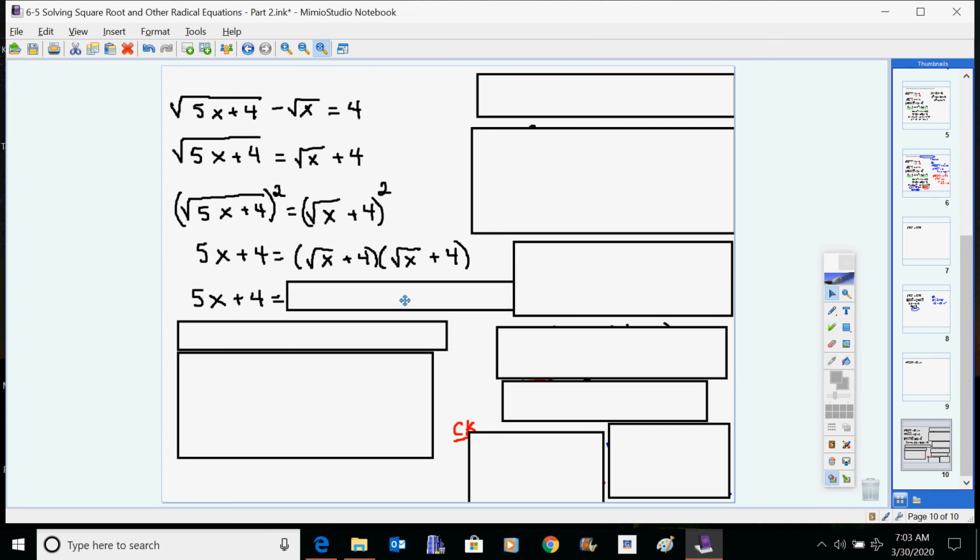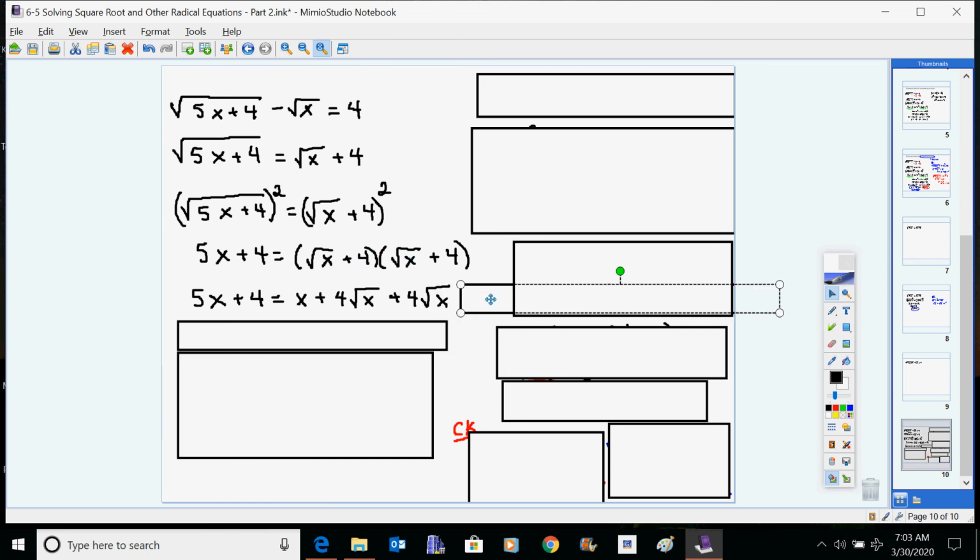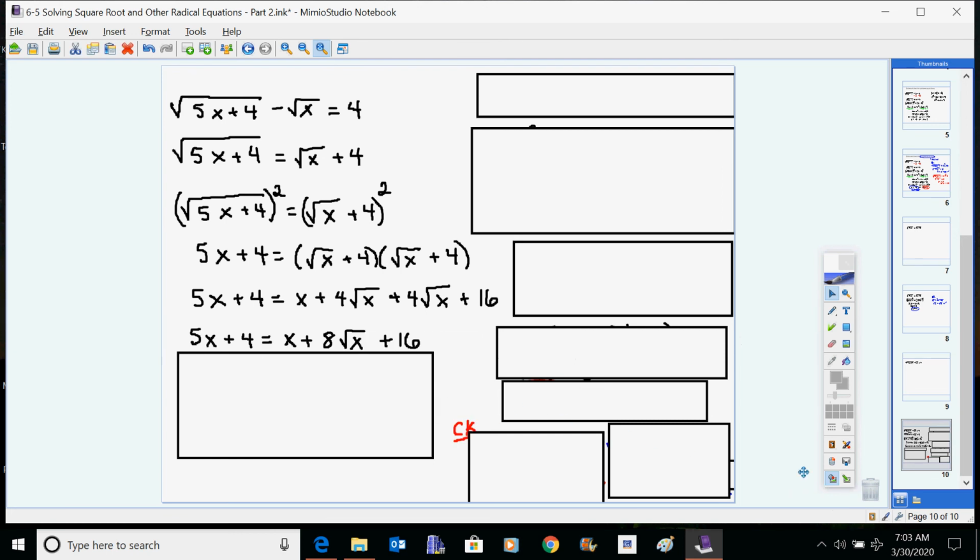We still have 5x plus 4 over here. Square root of x times square root of x gives you x. Square root of x times 4 gives you 4 square root of x. Square root of x times 4 gives you another one. And then 4 times 4 is 16. Putting it together, we get 8 in the middle.